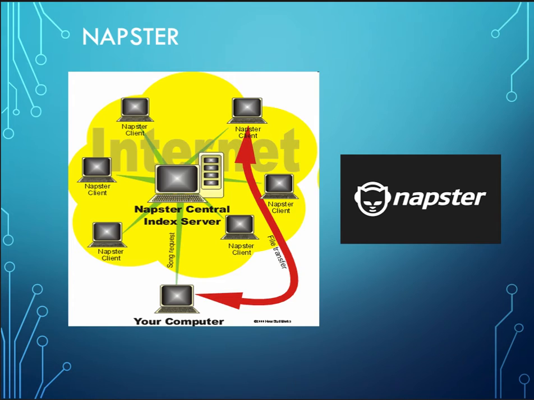Here we have Napster, basically a way to share music files. So you can send a query regarding the files that you require, and you have a list, and from there you use a keyword and you are able to choose.